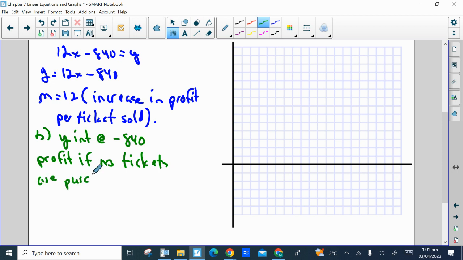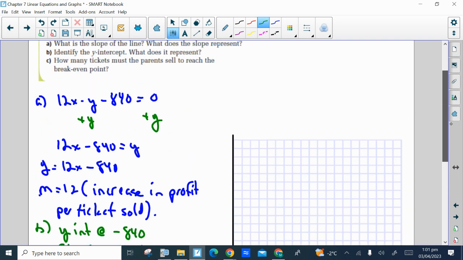The fact that it's negative means they're losing money. So again, this would be the cost to rent the hall. Right, so there's part B.